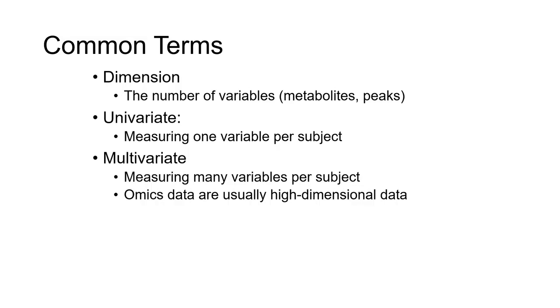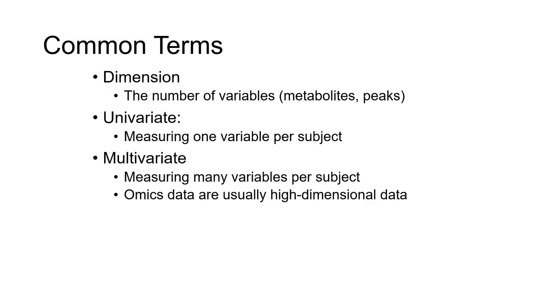Now, if we're measuring more than height, say height and weight and eye color and hair color, those are multiple variables, and so now this becomes a multivariate measurement. So if we have 100 individuals and we've measured 4 variables, height, weight, hair color, eye color, that is now a multivariate data set.